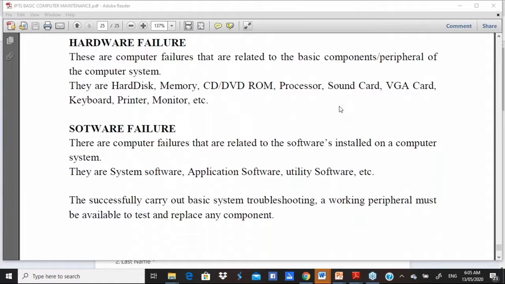For the successful carrying out of basic system troubleshooting, a working peripheral must be available to test and replace the component.